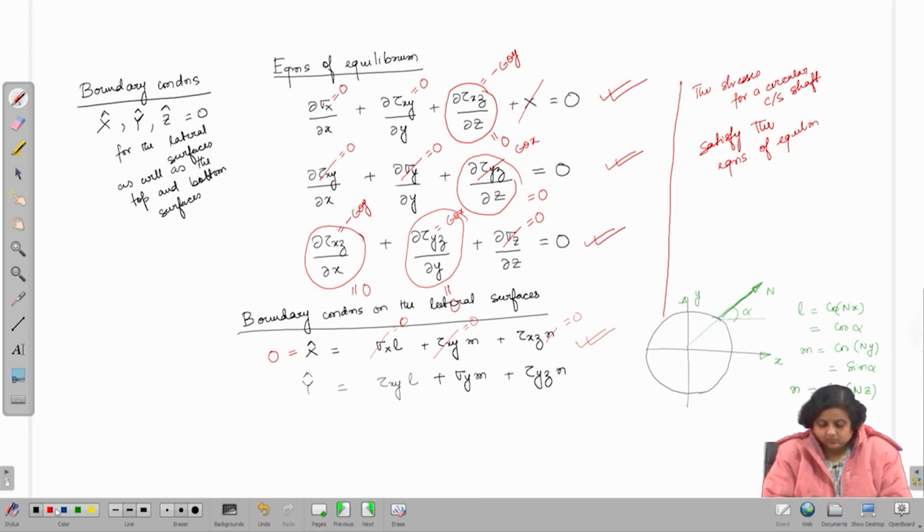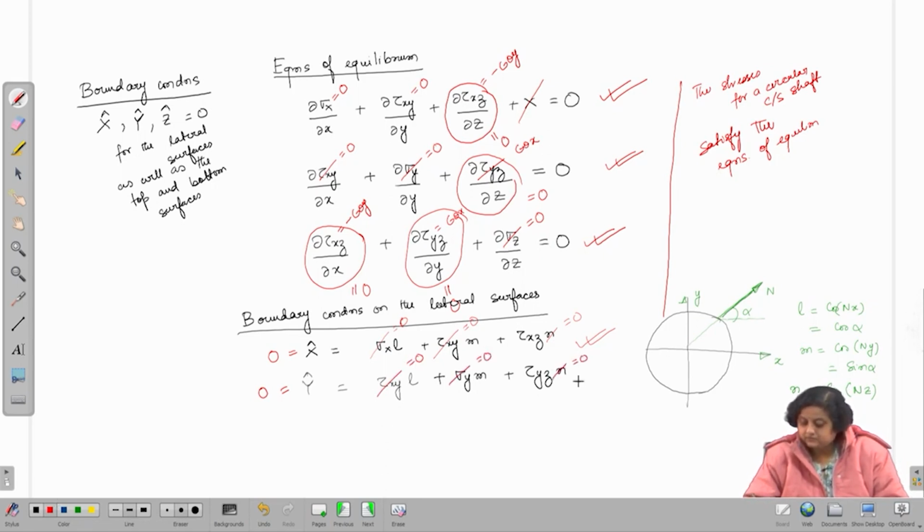Now y hat is equal to 0, tau xy is equal to 0, sigma y is equal to 0, and n is equal to 0. So, this is satisfied. So, let us move on to the last condition.